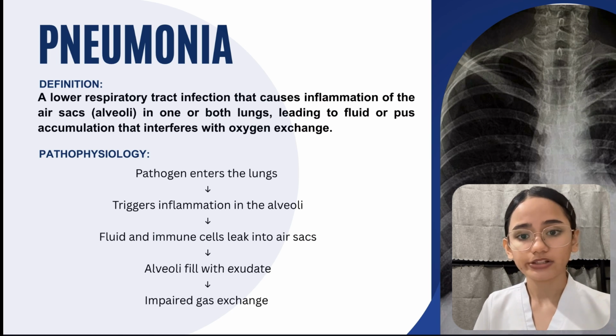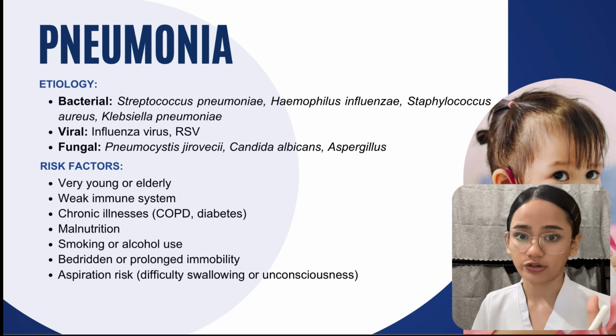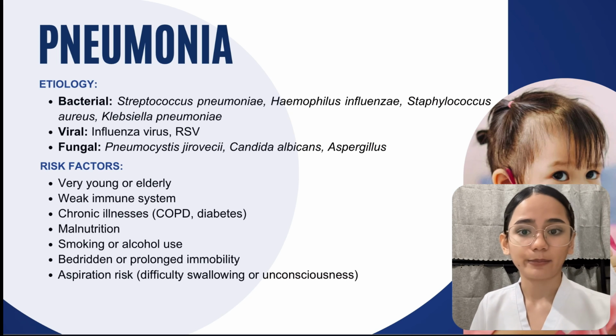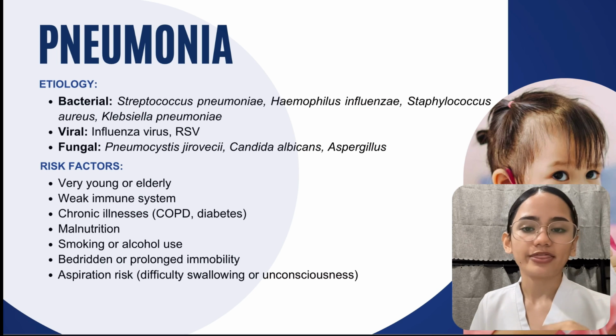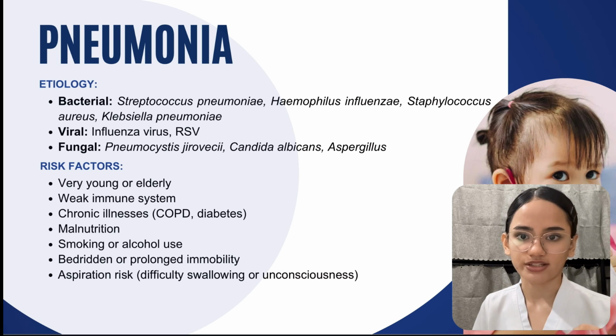So, under etiology, pneumonia can be bacterial, viral, or fungal. So, for bacterial, we have Streptococcus pneumoniae, Haemophilus influenzae, Staphylococcus aureus, and Klebsiella pneumoniae. So, these cause sudden severe infections with fever and productive cough.